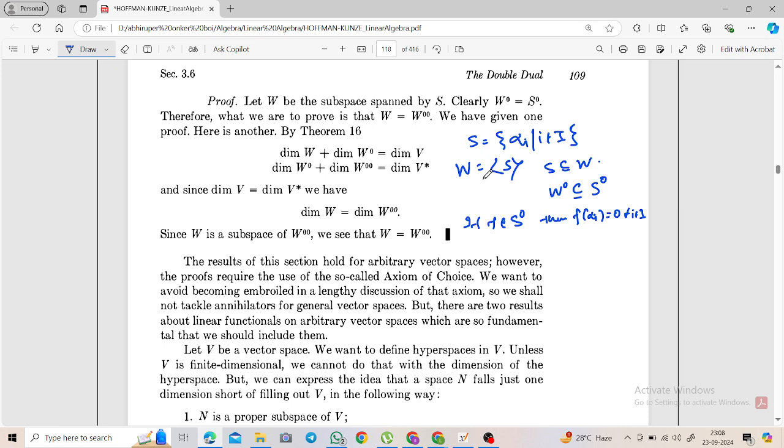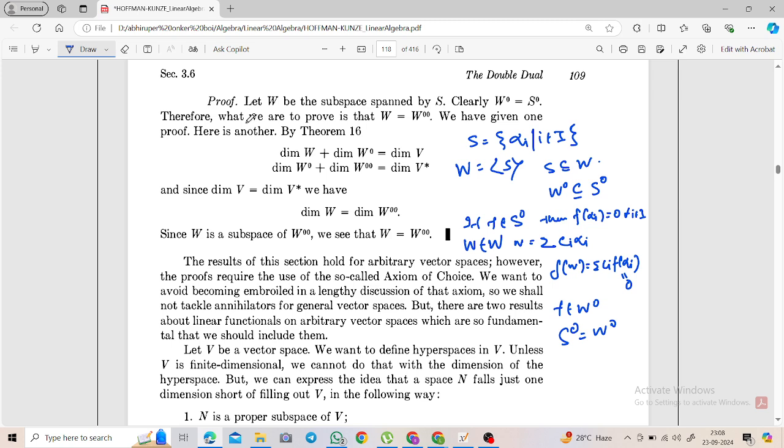But W is a span of S, right? So every element of W, how is it written? W is written in terms of finite sums of c i alpha i. So f of W is summation c i f of alpha i, which is 0 because these terms are 0. So f belongs to W naught as well. So S naught is equal to W naught.